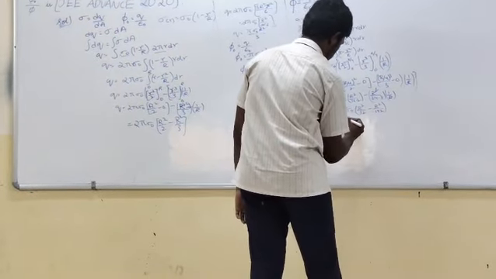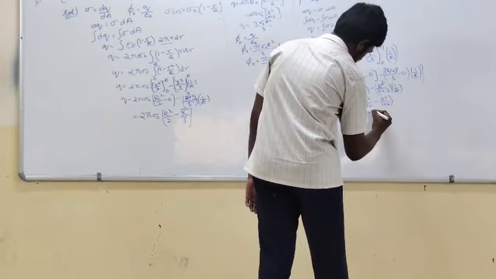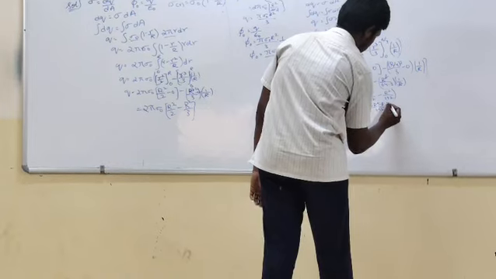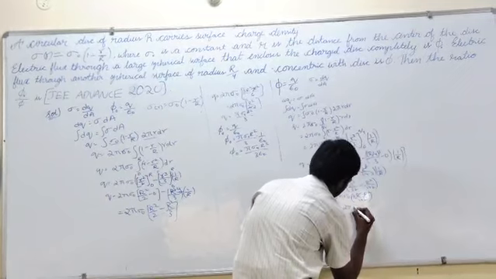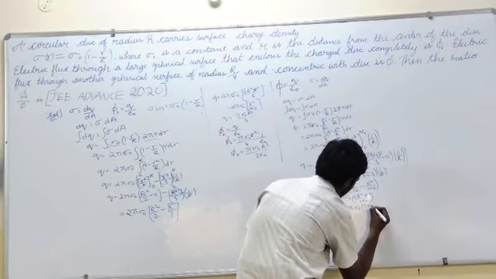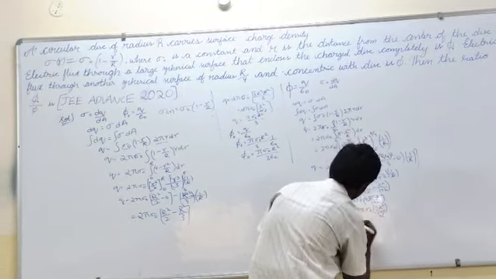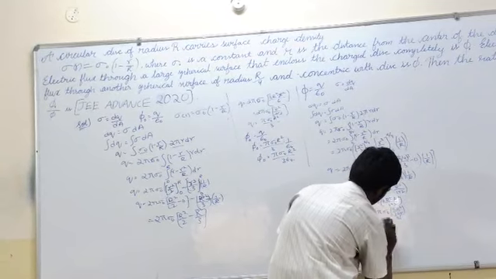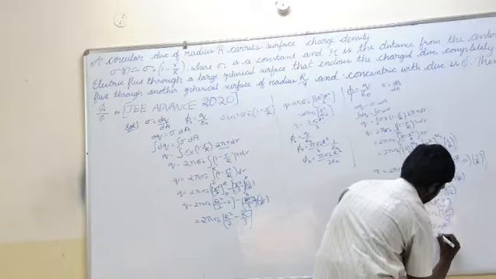This will become 6 R square minus R square by 192. Q is equal to 2 pi sigma naught, 5 R square by 192. 2 cancels 192, 96 times, so Q is equal to 5 pi sigma naught R square by 96.